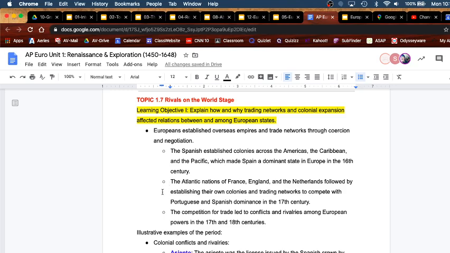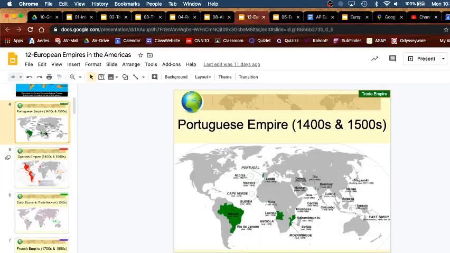The next bullet point says the Atlantic nations of France, England, and the Netherlands followed by establishing their own colonies and trade networks to compete with Portuguese and Spanish dominance in the 17th century. So by the 17th century, that means the 1600s, the Netherlands, the Dutch, and the French and the English are going to also create these giant empires.